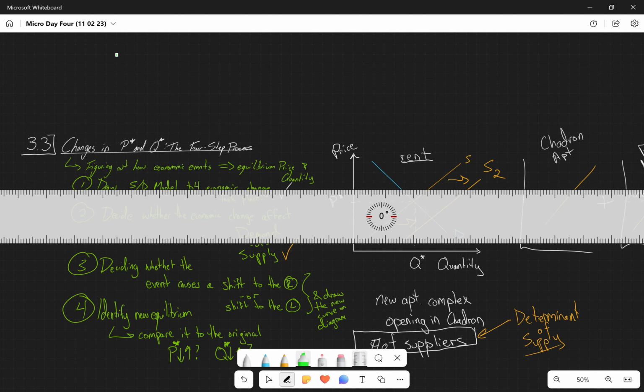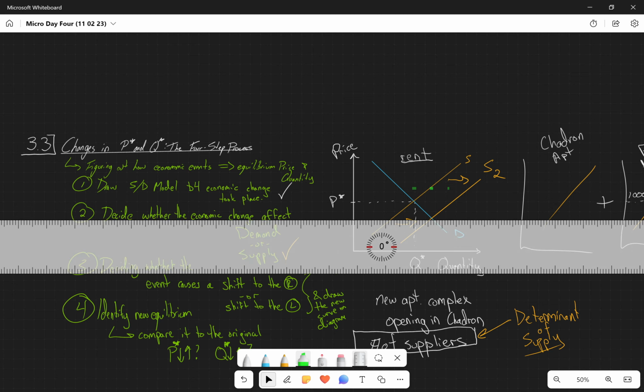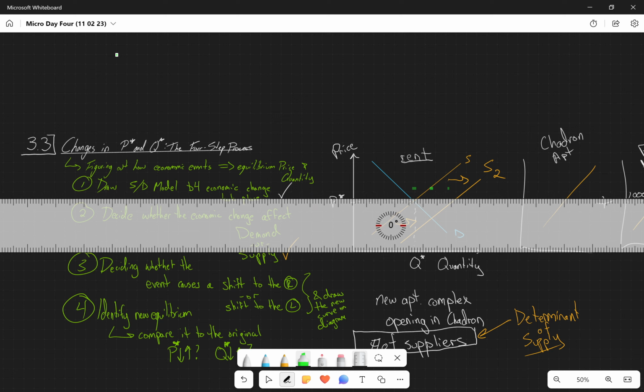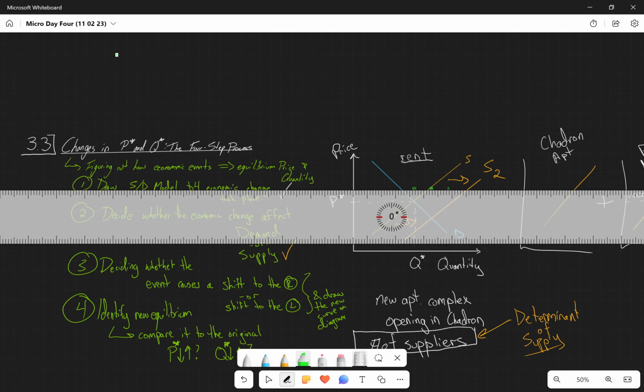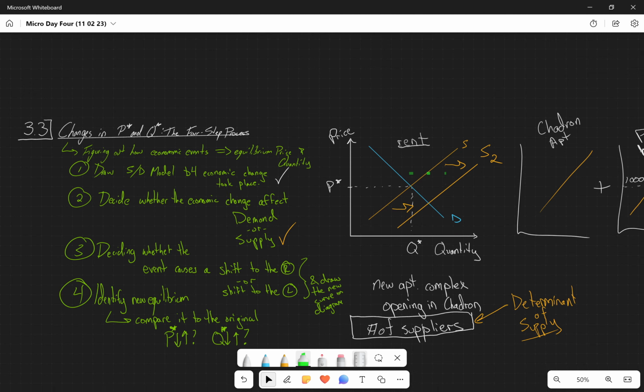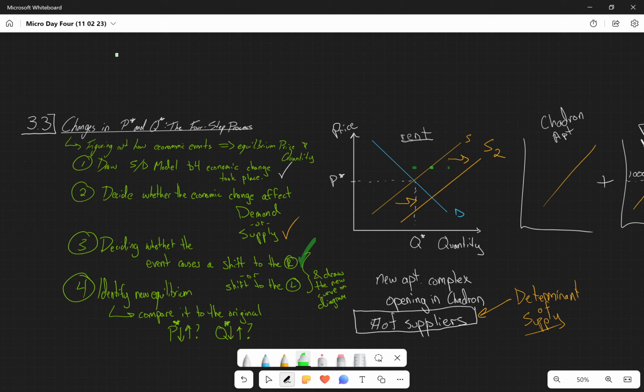Do I imagine that there's going to be less provided, the same amount provided, or more provided? So you fix the price and ask whether it shifts to the right with more provided, stays the same, or shifts to the left with less provided. Since we're told that a new apartment complex is opening in Chadron, it's very obvious that it's going to be more. At any given price, there's going to be more goods provided on the market. So we know that this is going to be a shift to the right.